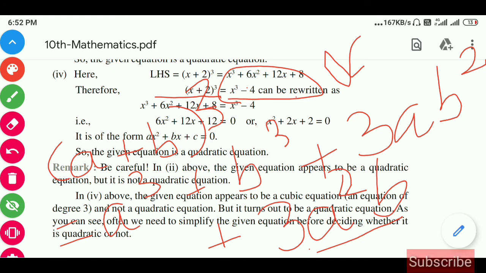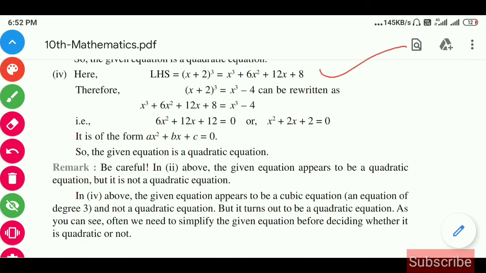And b cube we have 8, that is 2 cube, so 2 twos are 4, 4 twos are 8. So by applying the identity of a plus b the whole cube, we resolve this bracket. Now this bracket is resolved, so LHS equals to RHS.